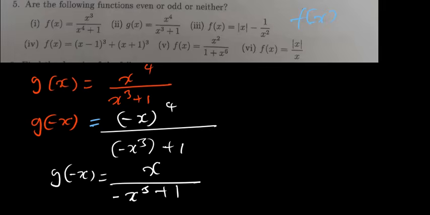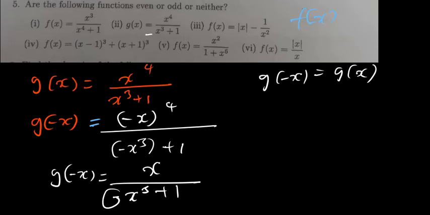The first thing that I have to consider now is: is it giving me the original function? No. Is g of negative x giving me g of x? No, because there's a negative here and here there is no negative.